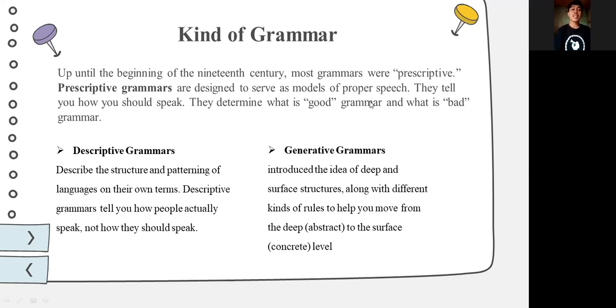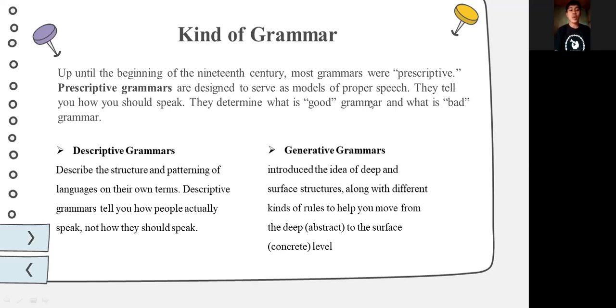But descriptive grammars have some limitations too. One of those limitations is that the descriptive linguistic approach expects you to limit your analysis to the language examples that you actually hear native speakers using. If a native speaker uses a particular sentence construction, then you can include it in the grammar.